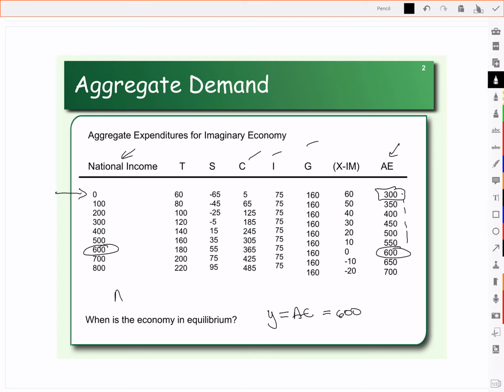So what that tells us is for our aggregate expenditure function, the autonomous spending is 300, and now we need to figure out how much induced spending we have. And induced spending is going to be a function of income. So we're going to use Y as a placeholder here, and then we're going to find essentially the slope of a graph when we graph aggregate expenditures, or we're looking at how the aggregate expenditures change as income changes. And so once we get that number, then we can sub in numbers for Y, for the income level, to find aggregate expenditures.